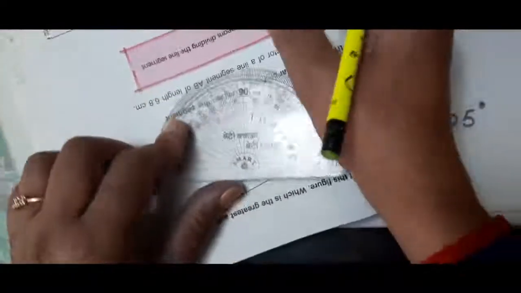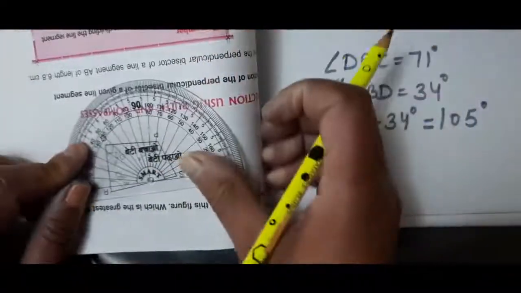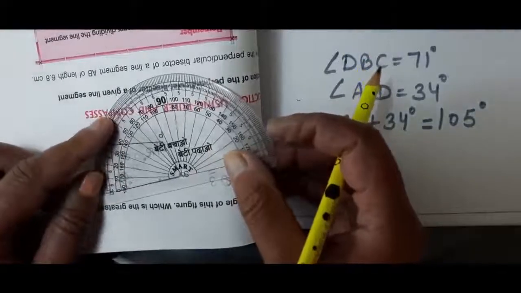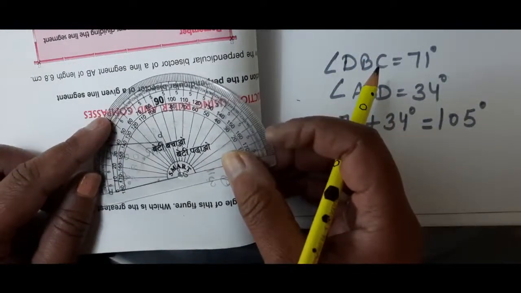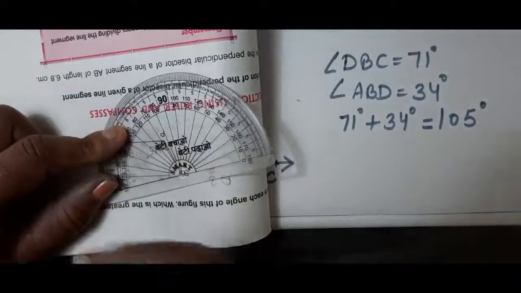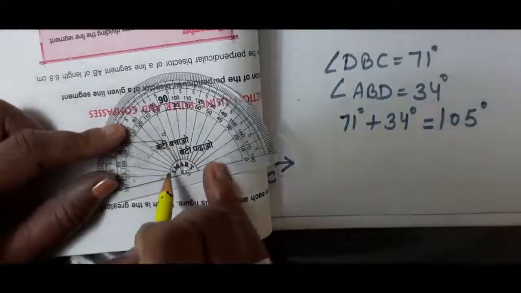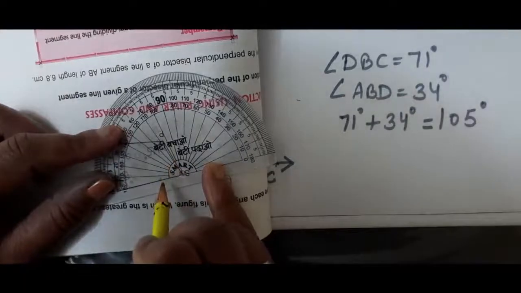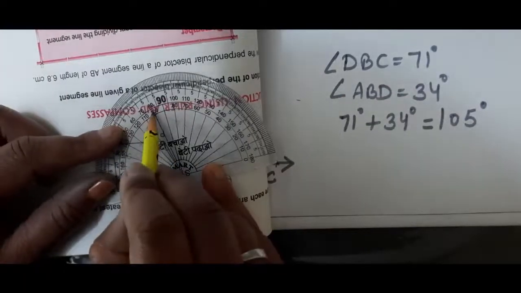And last is left. Again, tilt your book and you can check at point S. Place your protractor here and check. It is towards the side, so it is less than 90.